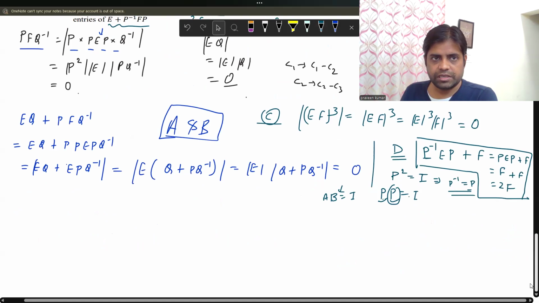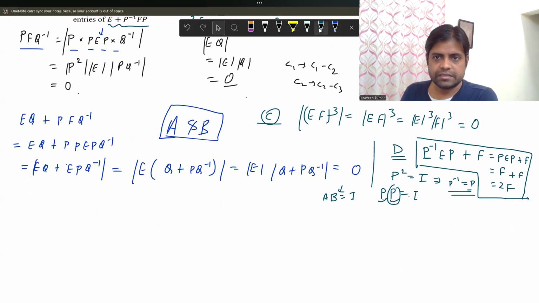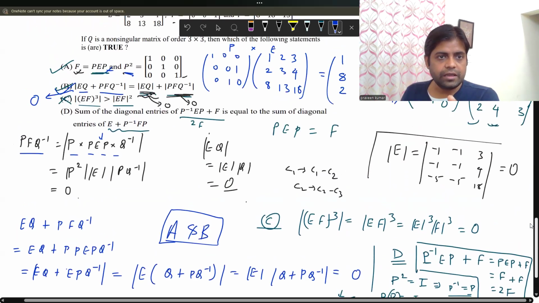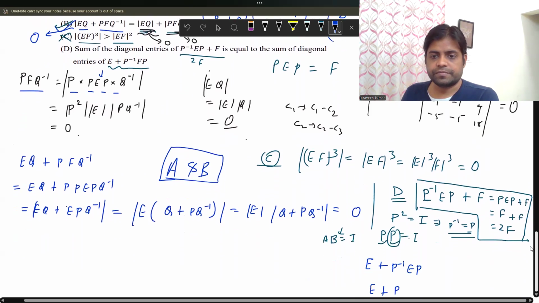So this is actually E plus P inverse FP. Write that here. E plus P inverse FP. And P inverse is equal to P. So we can write E plus, and what was the finding? F is equal to PEP.